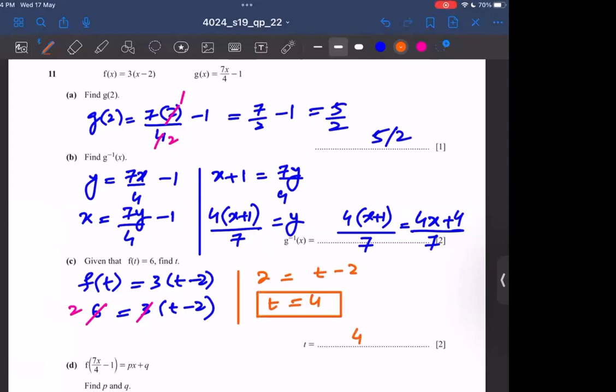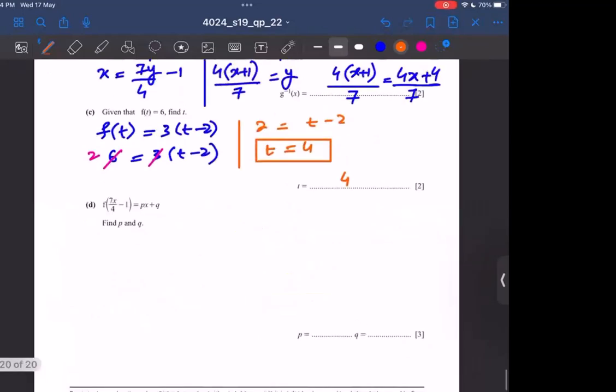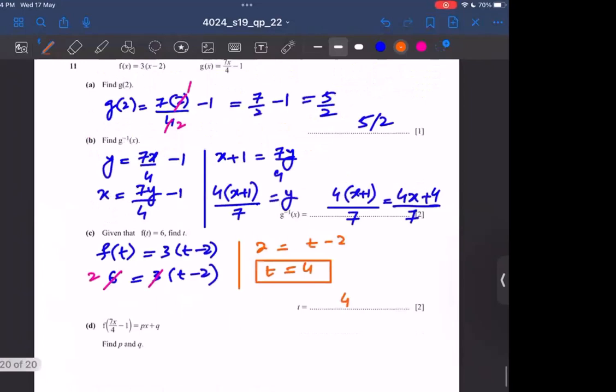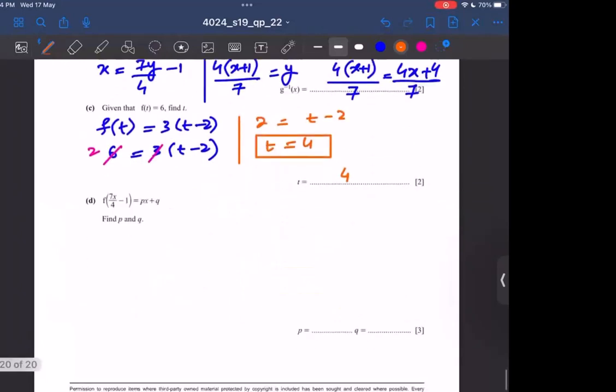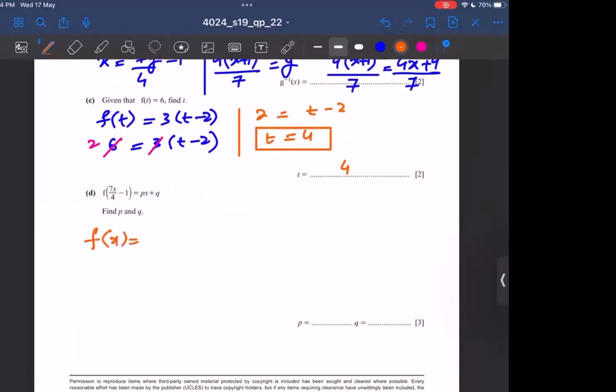All right. Now what we have is the part D, the last part. It says f of 7x upon 4 minus 1 is equal to px plus q. All right. So what they are basically doing, they are basically using an fx function. What is fx function? 3 into x minus 2.